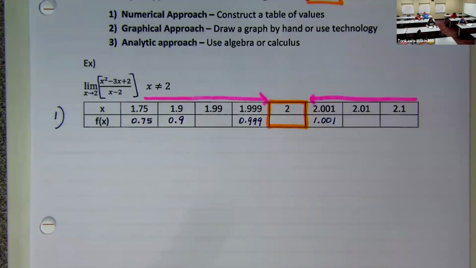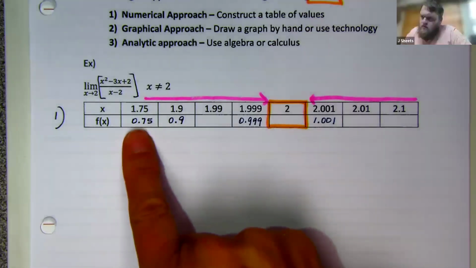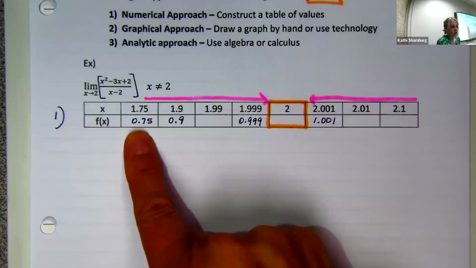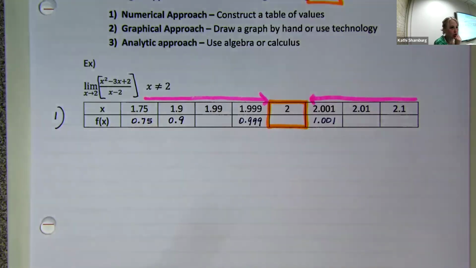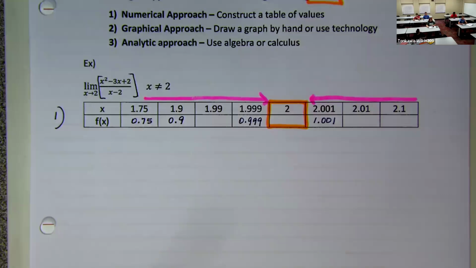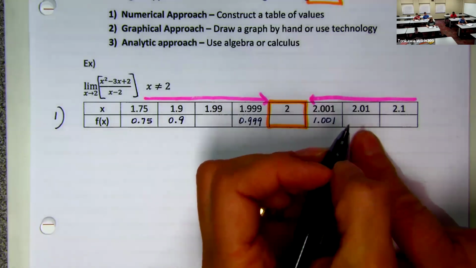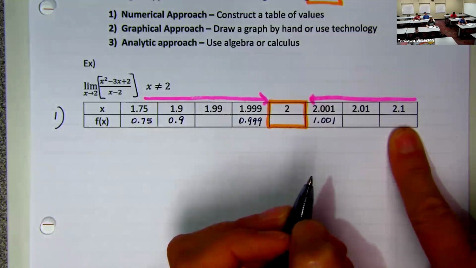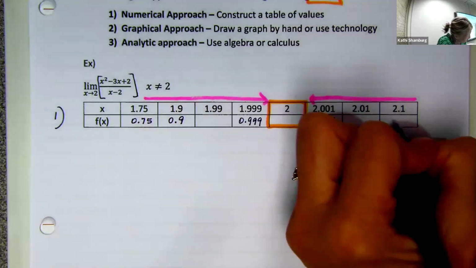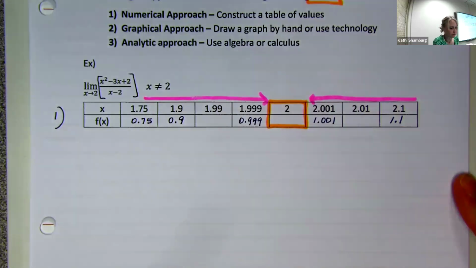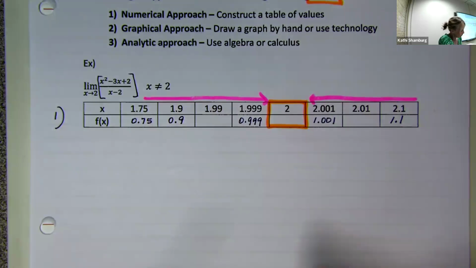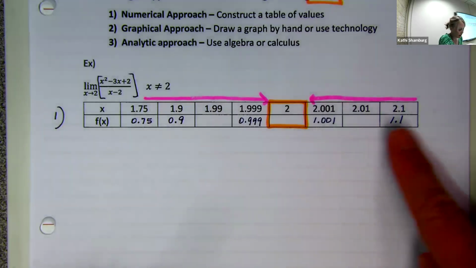I did 0.75. I got 0.748. Okay, we're going to go with 0.75. But thank you. Okay, we got 2.1. I got 1.1. Thank you. Do I have anybody that has 2.01 or 1.99? I have 2.1, 1.1.